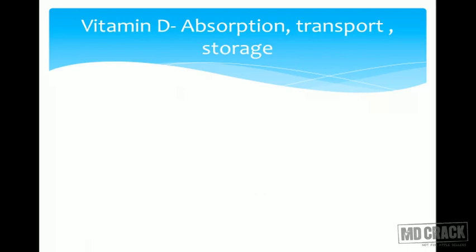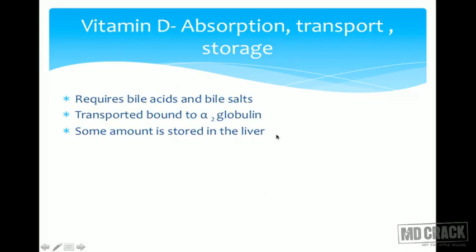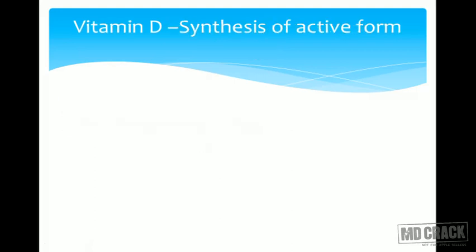Now let us look at vitamin D absorption, transport and storage. Whatever vitamin D is taken in the diet, since it is a fat-soluble vitamin, requires bile salts for its absorption. It is transported bound to an alpha-2 globulin, and some amount is stored in the liver. So let us look at, is cholecalciferol the active form?